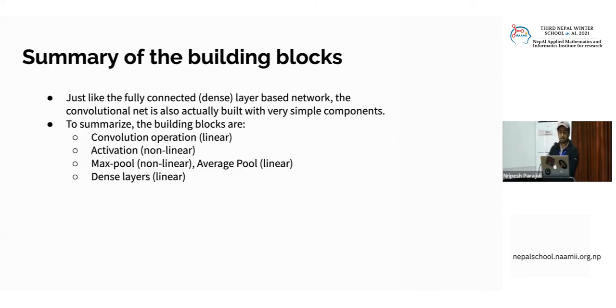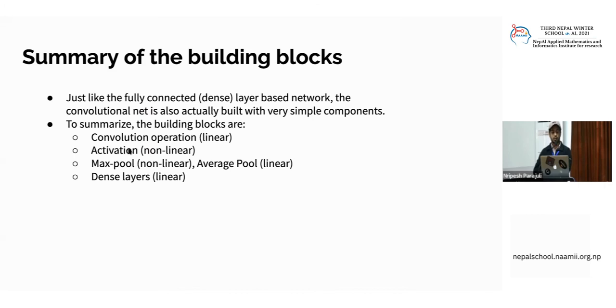Okay, just a quick summary. Just like you saw with the dense layers, the building blocks of convolutional layers are also extremely simple. The only difference is the convolution operator, which is still linear. Again, please remember, there's nothing nonlinear about the convolutional operator. It's still a linear operator, right?